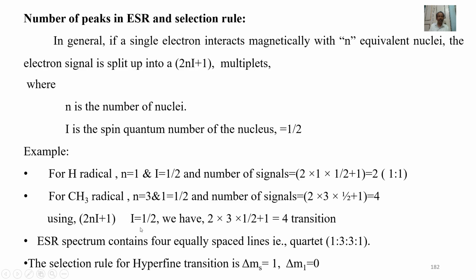It means the ESR spectrum contains 4 equally spaced lines, a quartet. So the experimentally observed pattern will be 1:3:3:1. We will see later how the intensity arises as 1:3:3:1. The selection rule for hyperfine transition is delta Ms equals 1, delta Mi equals 0.